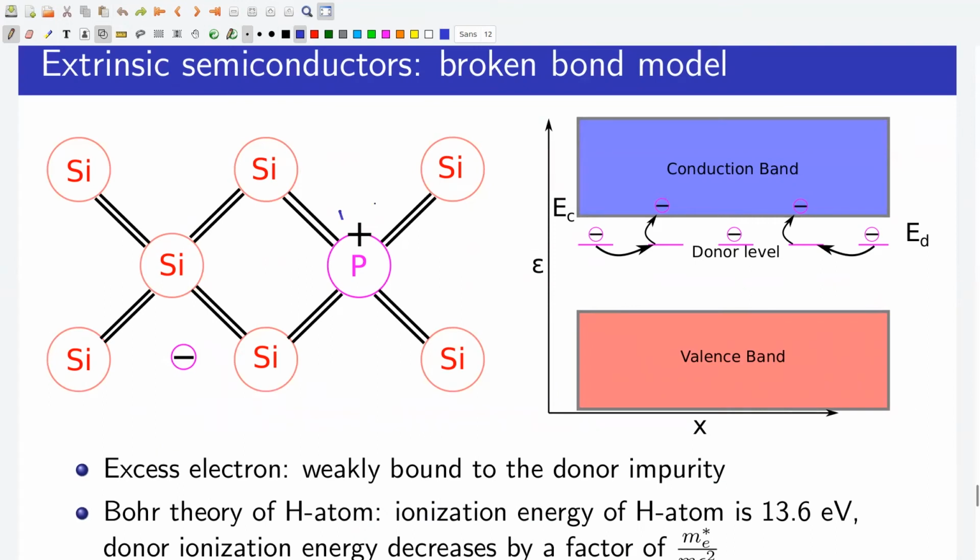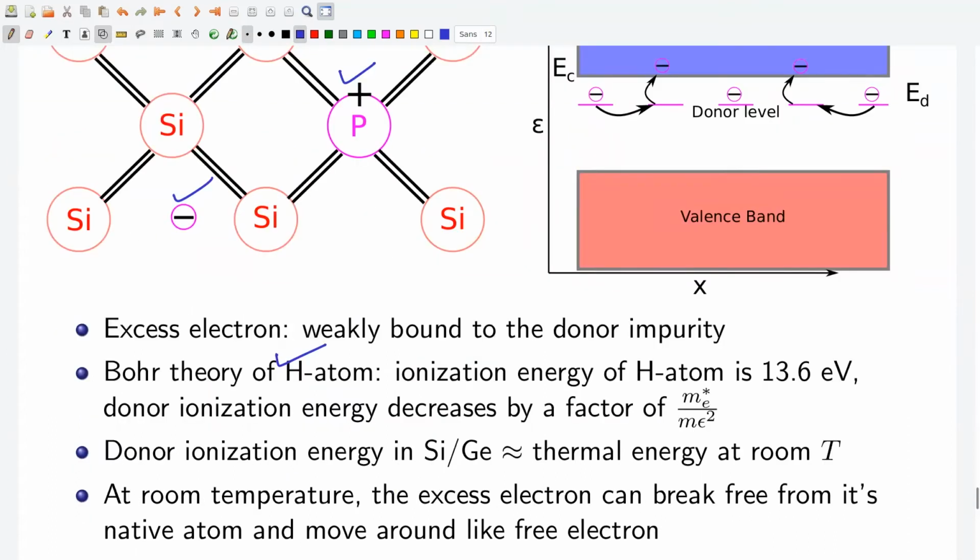A donor impurity atom has one excess electron, which is weakly bound to the donor impurity. We have estimated the ionization energy of the donor atom from Bohr theory of hydrogen atom. Ionization energy of hydrogen atom is 13.6 electron volt.